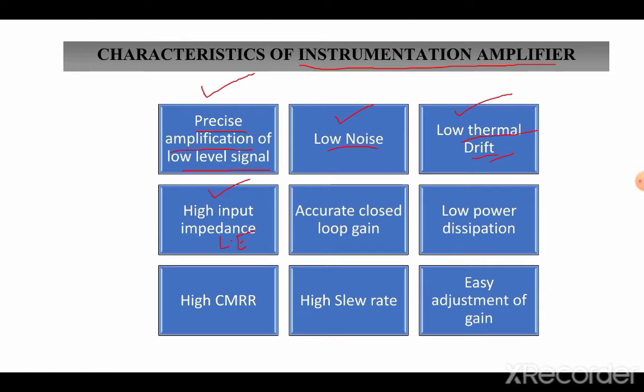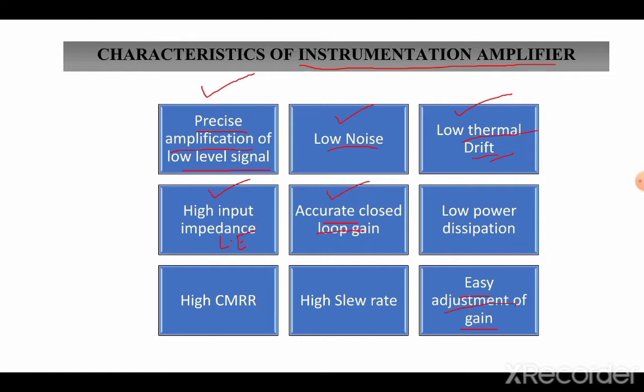Next, we will talk about the accurate closed loop gain characteristic. This characteristic and the easy adjustment of gain are interlinked. The gain of the instrumentation amplifier is not only required to be accurate, but it should also be easily adjustable. The adjustment can be done using a potentiometer.